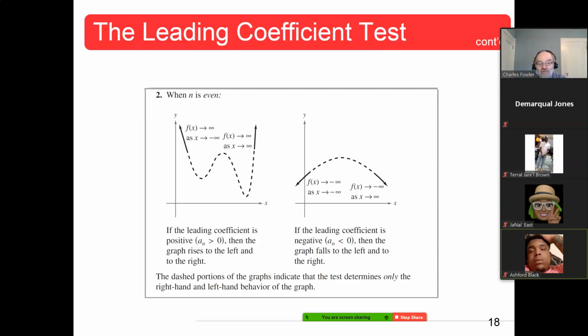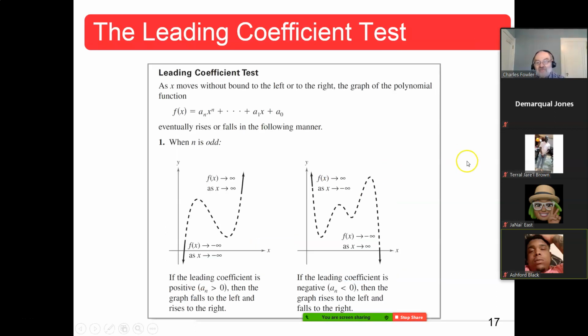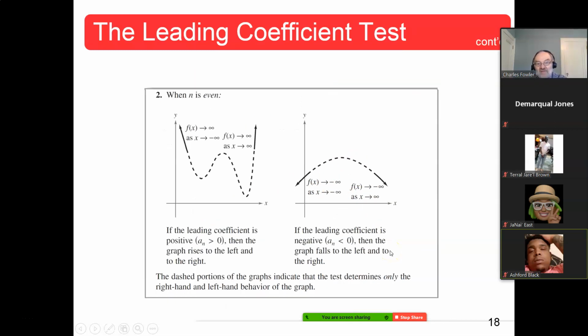So all that you're determining when you're doing this end behavior is what is the sign of your f of x. If the n is odd, the f's are opposite signs. If the n is even, the f's are the same sign. So then, just figure out whether they're positive or negative.